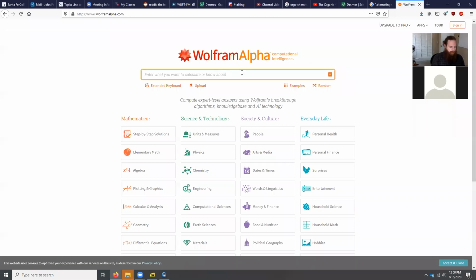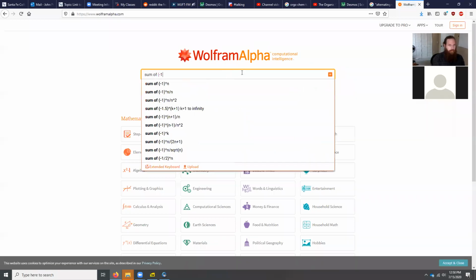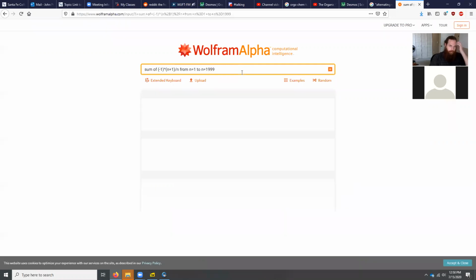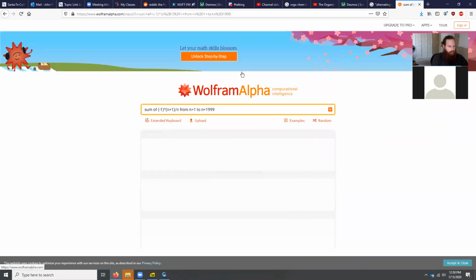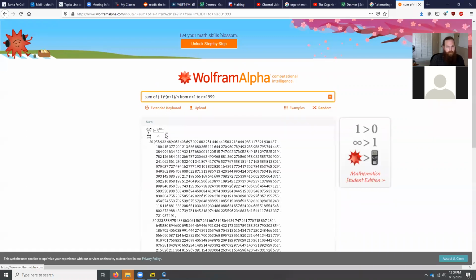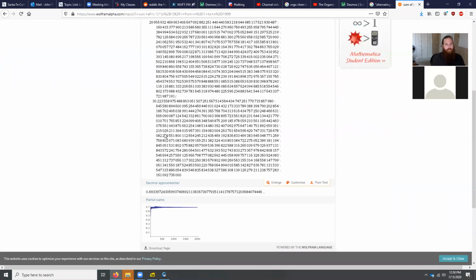And I'm going to ask it to calculate the sum of negative 1 to the n plus 1 over n from n equals 1 to n equals 1999. And I'll find that this is exactly this horrendous, terrible fraction, which has decimal representation 0.6933972, and so on.